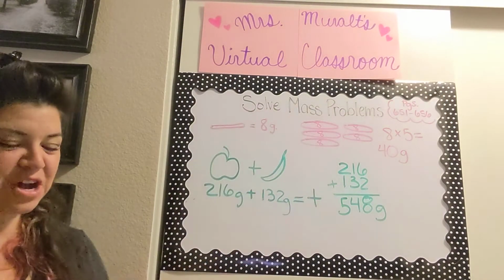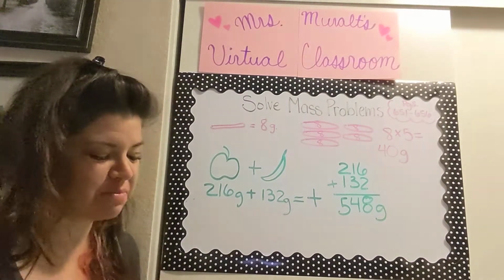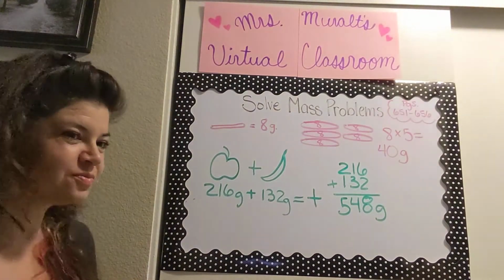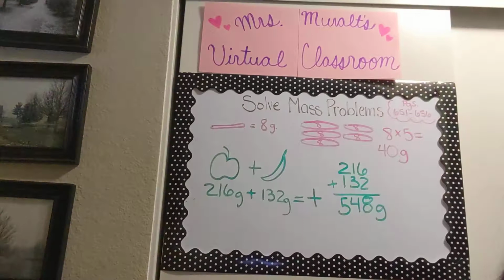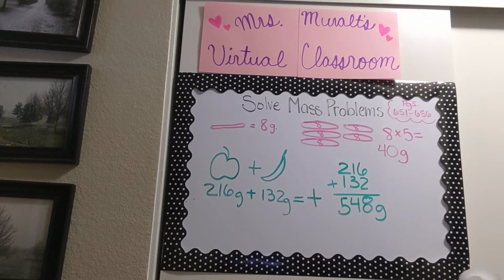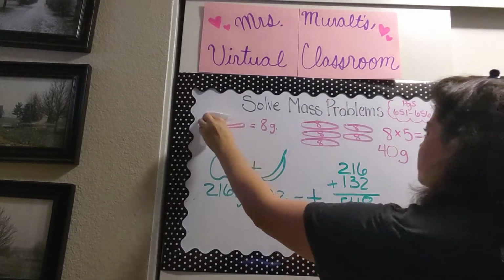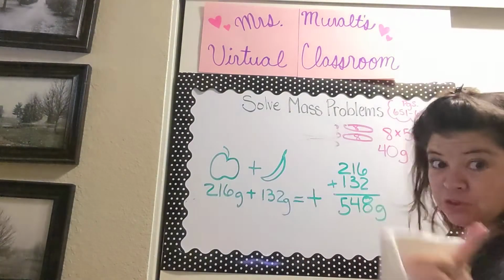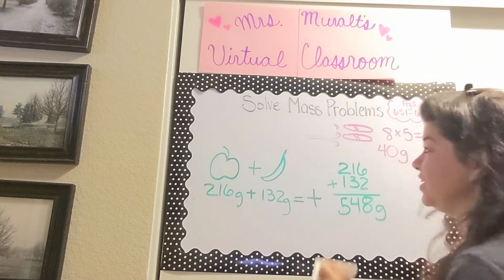I'll give you a second to copy that down, and then I'll erase the top, and we'll try a few more. All right, we're going to continue. Remember, if you need more time, you can always pause the video.